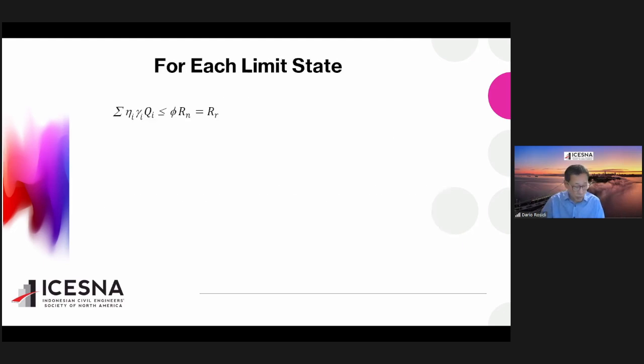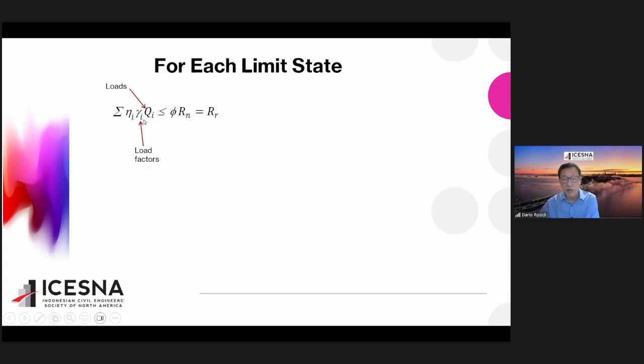I will go through this quickly. Basically, it's a very simple concept: all the combinations of your load have to be less than your resistance. Your structure will be safe if your resistance is more than the load. It's common sense, right? So Q is the load: live load, dead load, earthquake load, flood load, wind load, any type of load. And gamma is the load factor.